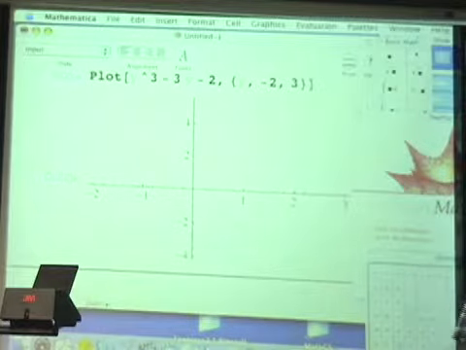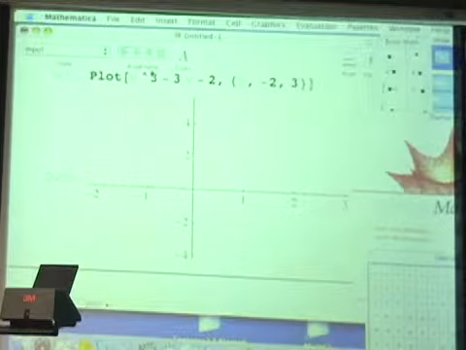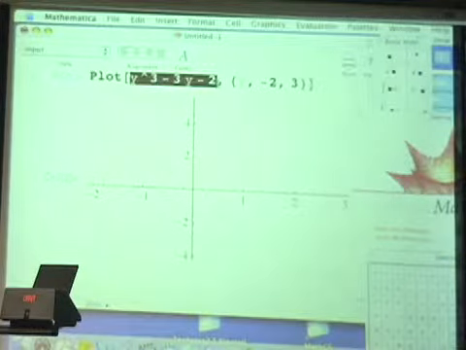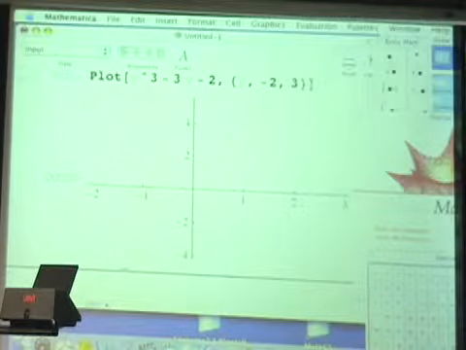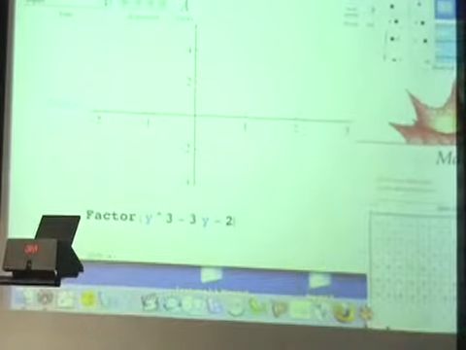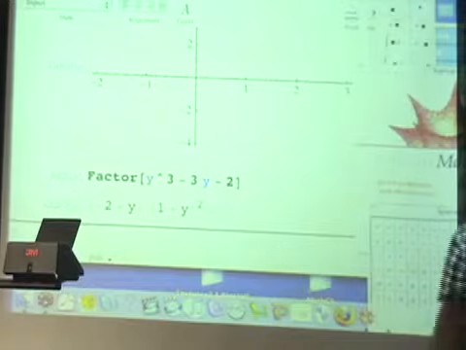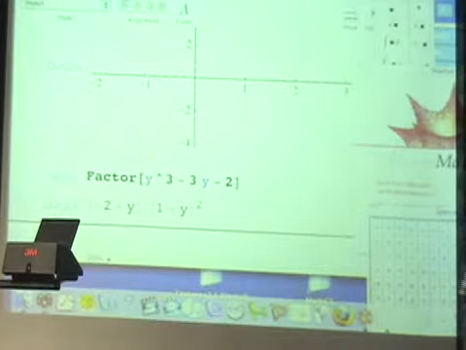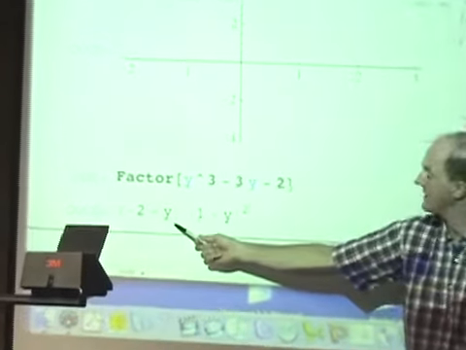-1 is a root. And in fact, if you factor this polynomial by using Mathematica's built-in factor command, you can confirm that -1 is what's called a double root. This says y minus 2.